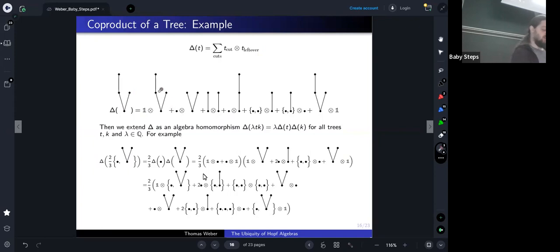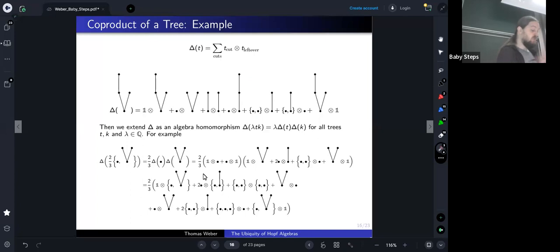Second, we can cut here, so we get just a one-vertex tree, and we are left with this tree. Second possible cut: we can cut here, so we are left with two identical ones on each tensor side. We can also cut here, which gives this, and then the leftover is this very tall tree.